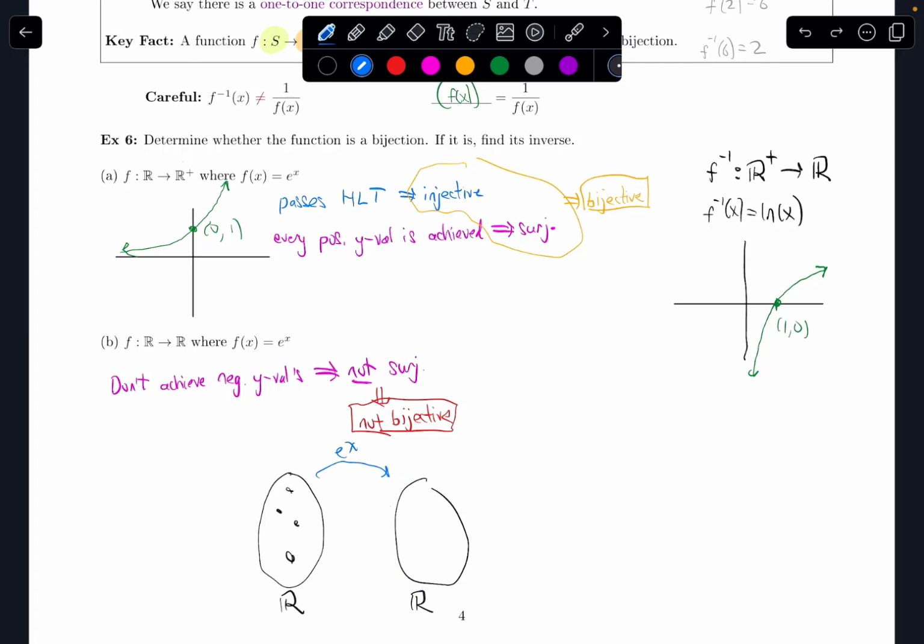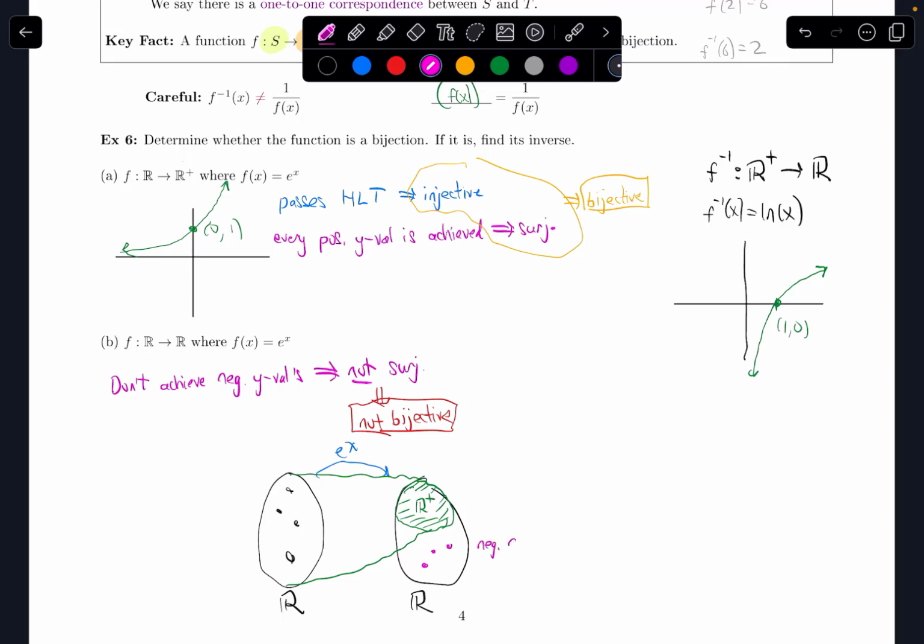You only end up getting the positive reals as outputs. So there are a bunch of things in the codomain, all of these negative real numbers, that never get achieved.